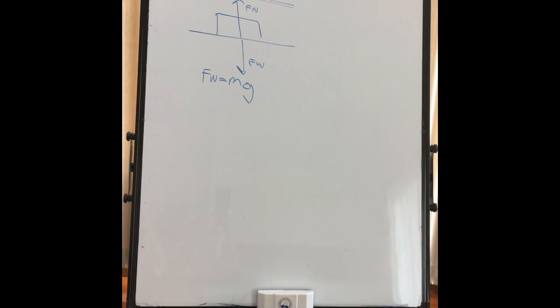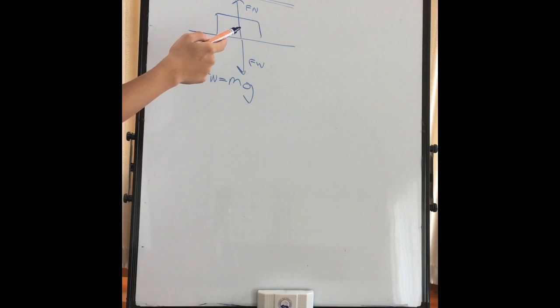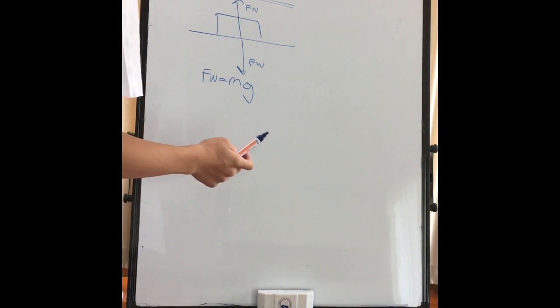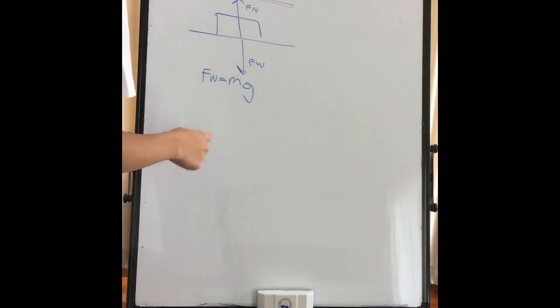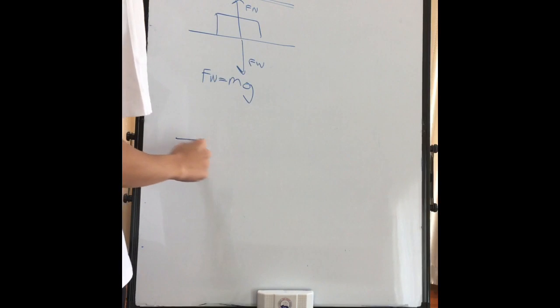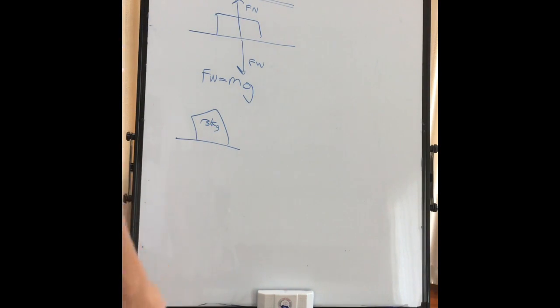I'll give some examples. If a 3 kilogram box rests on a horizontal surface, what is the normal force acting on the box? So we have a block of 3 kilograms, and we want to find the normal force.